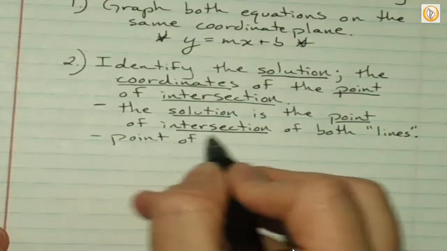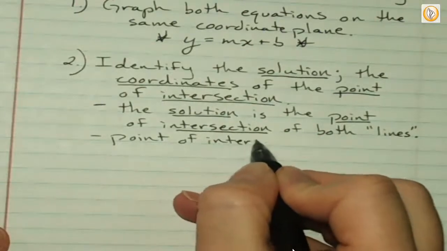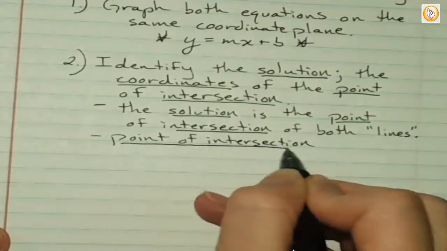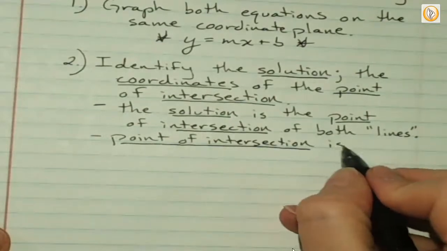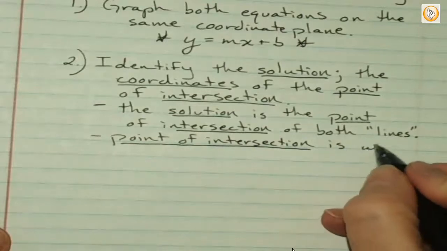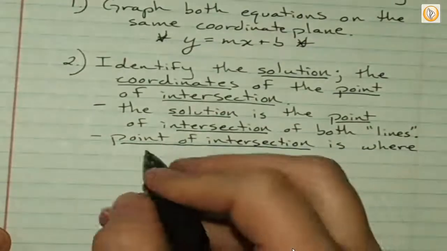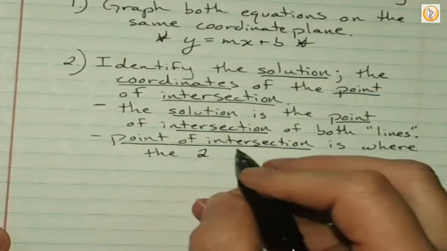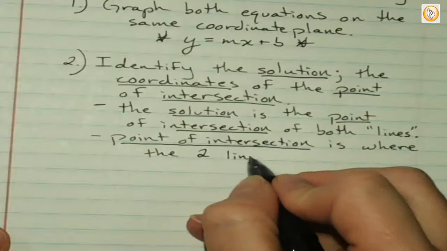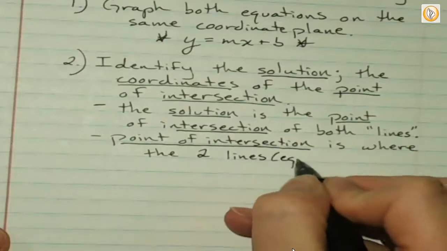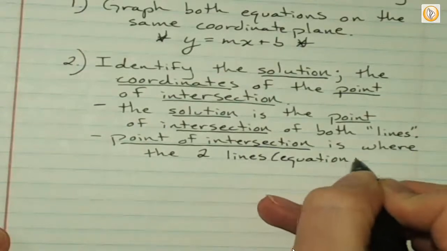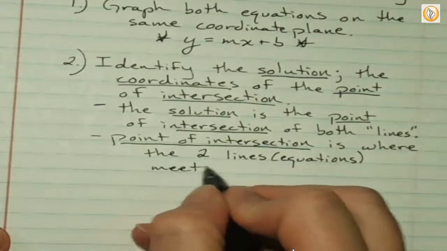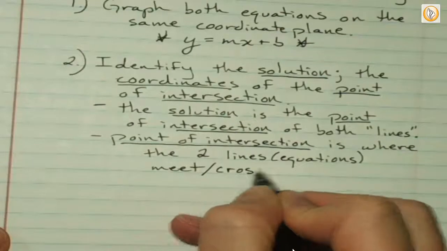Point of intersection is where the two lines, which are equations, meet or cross.